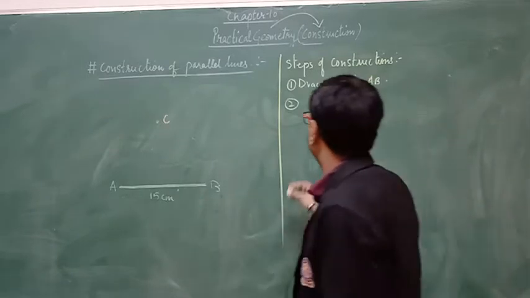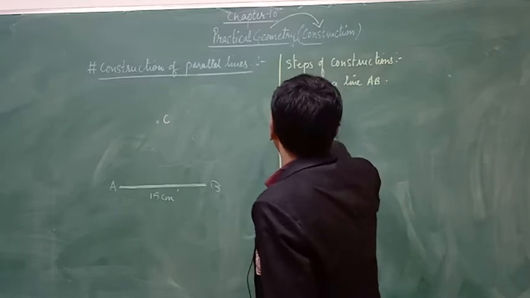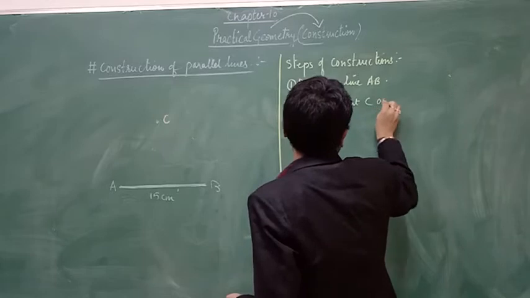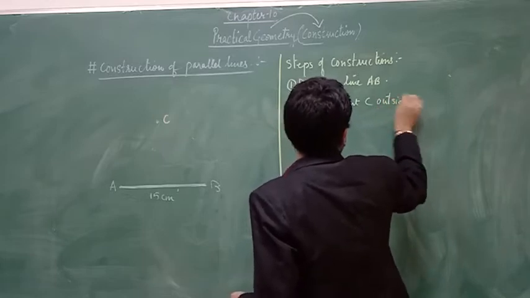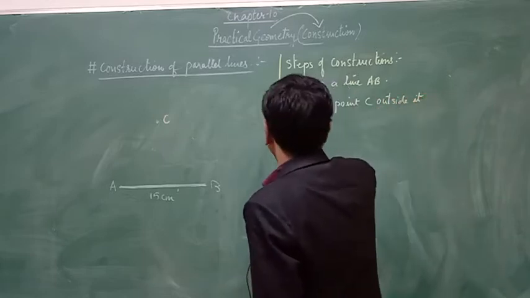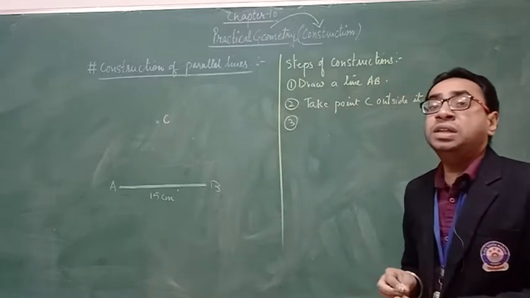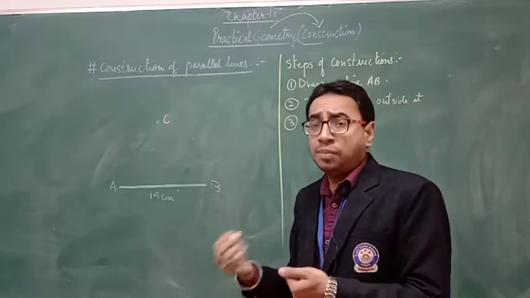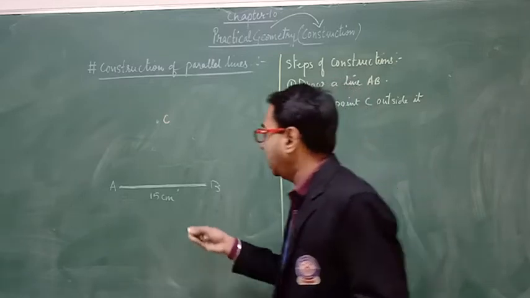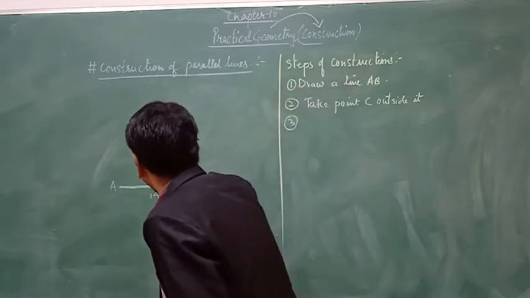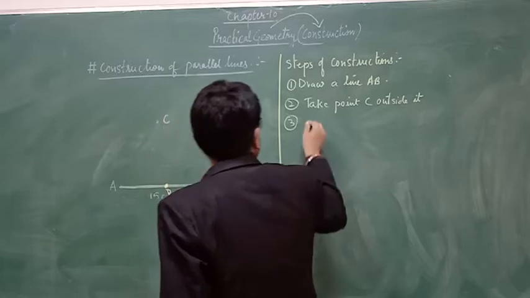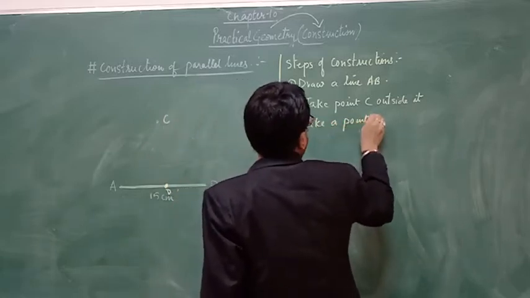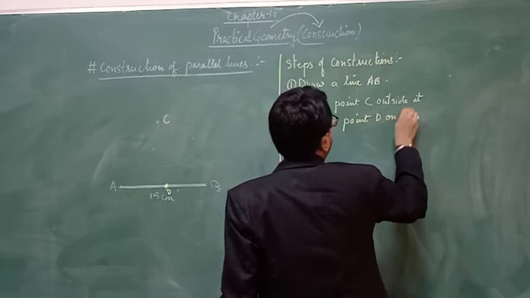So draw a line AB, take a point C outside it. Third step, take a point D on AB. We'll take any point, I'm naming it D, on AB anywhere. For example, I have taken D here.